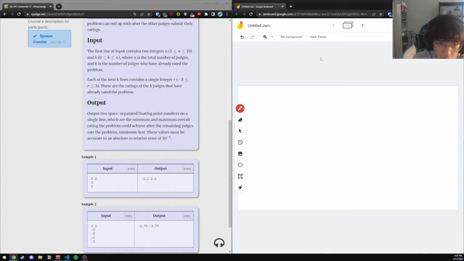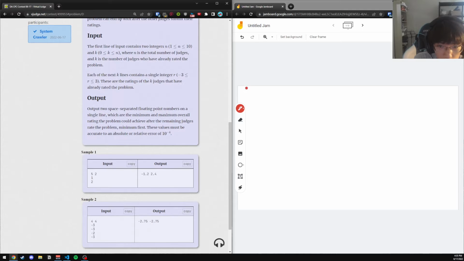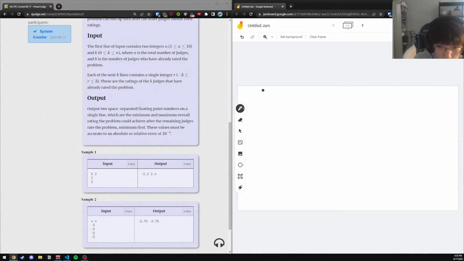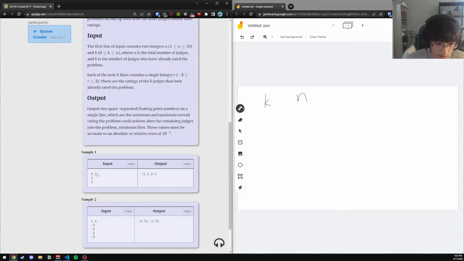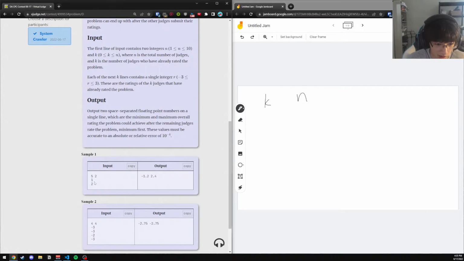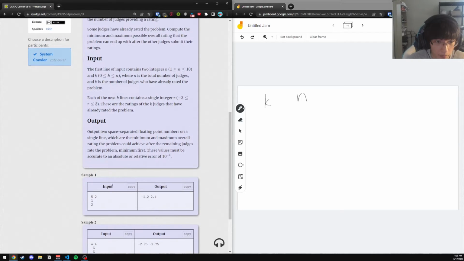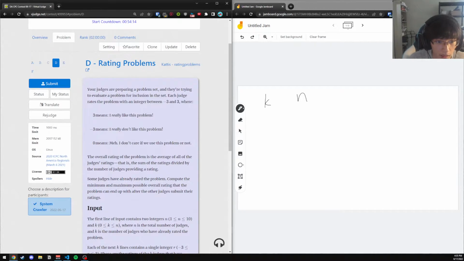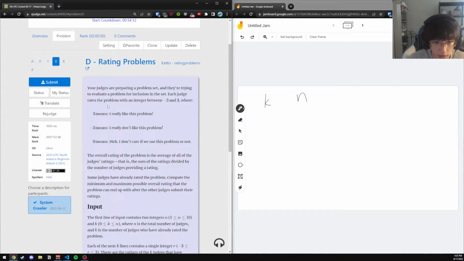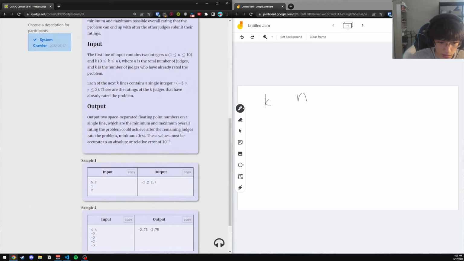So first of all, we have K judges. Let's say there's K judges and there's n total judges, and K is less than or equal to n. So there's n judges, 2, 1, and 2. And this rates the problem with an integer between -3 and 3.